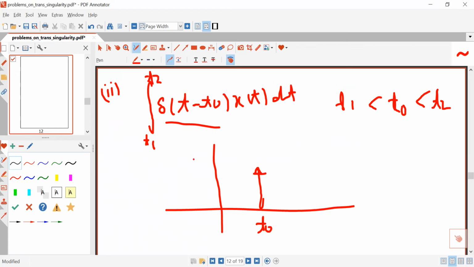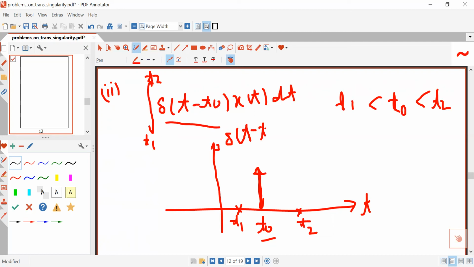And you must remember now this impulse signal is not defined at t equal to t naught because now it is shifted by an amount t naught. This is t1 and this one is t2, if t naught lies between t1 and t2. This is the plot for this shifted impulse function.